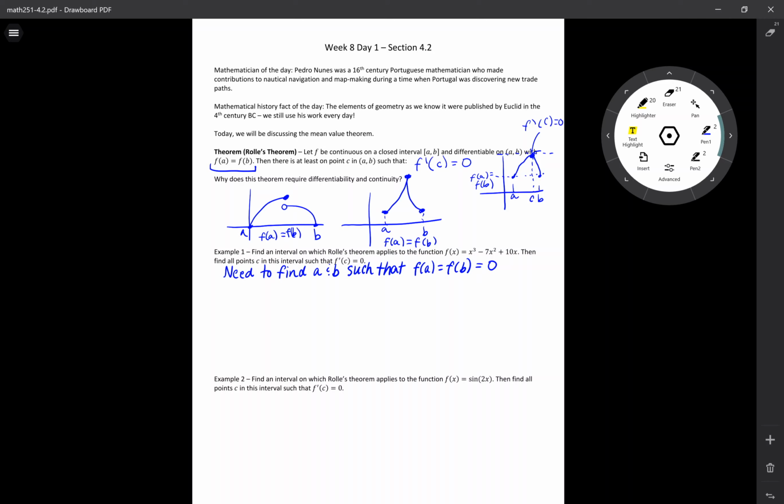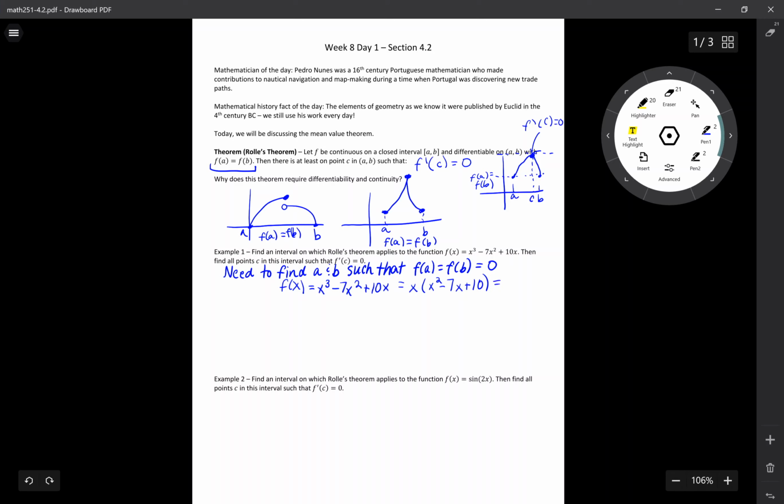So my f of x equals x cubed minus 7x squared plus 10x. From each of these terms, I can factor out an x, and I'm left with x squared minus 7x plus 10.